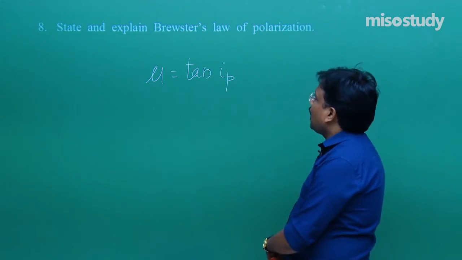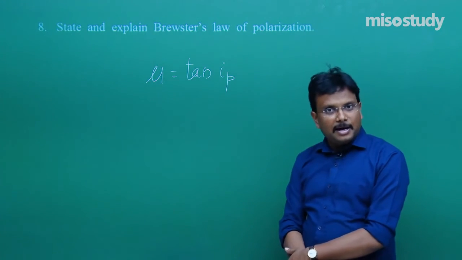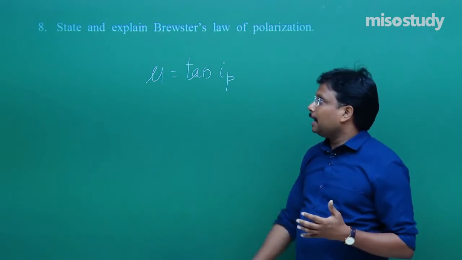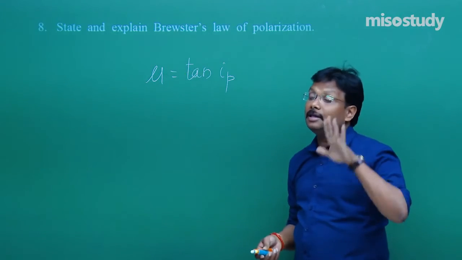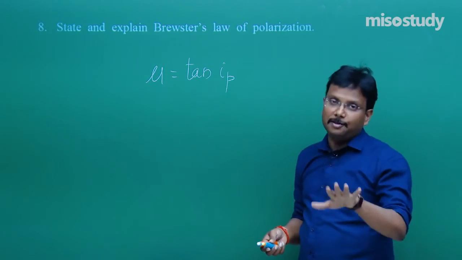So Malus's law and Brewster's law, these are two important laws. Both laws I explained in my videos. So please take a look and then learn how to write down the answer, because there I explained these two definitions very effectively and simply.